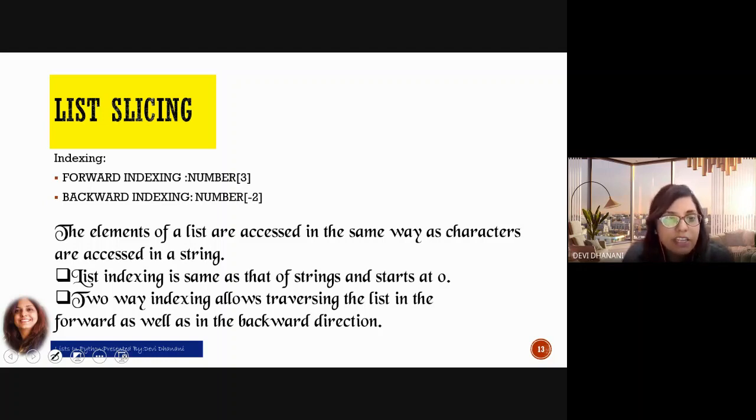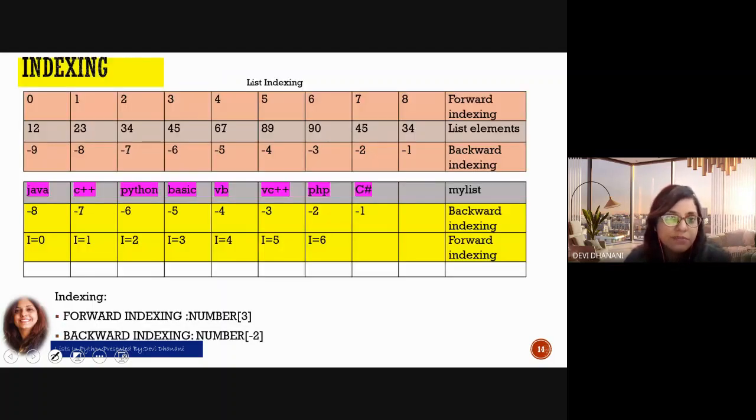For slicing, we need to know indexing. List also allows two ways of indexing, the backward indexing and the forward indexing. Let's quickly have a look at how we can perform list slicing using the indexing feature.